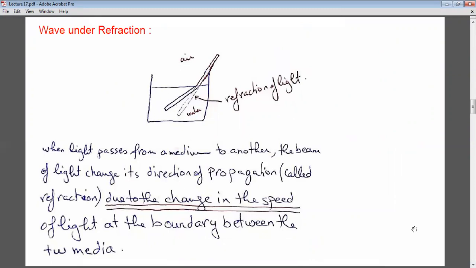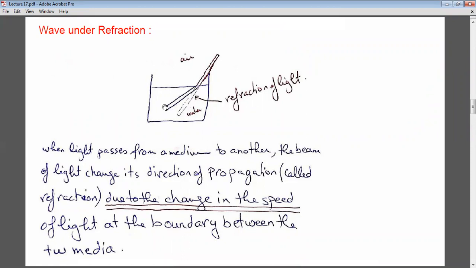Now, what is wave under refraction? I'm sure you've seen this before in school. I remember the example that our teacher gave in class: if I put a pen over here, we will see as if the pen is broken. In reality, it's not broken, it's just refracted.